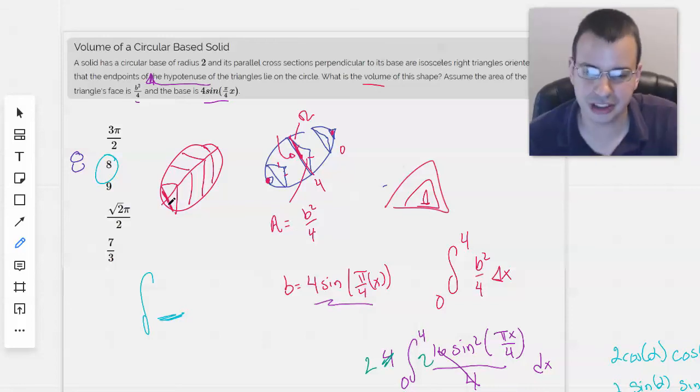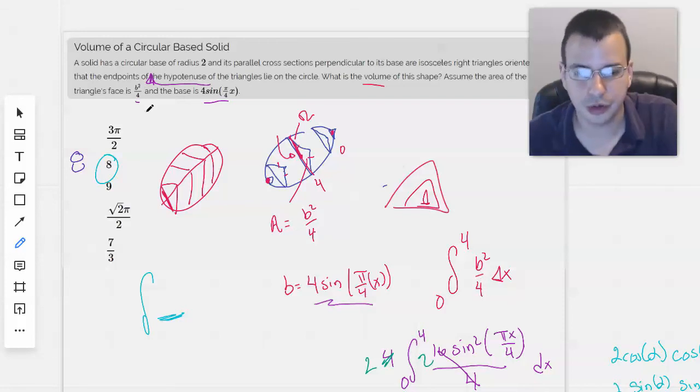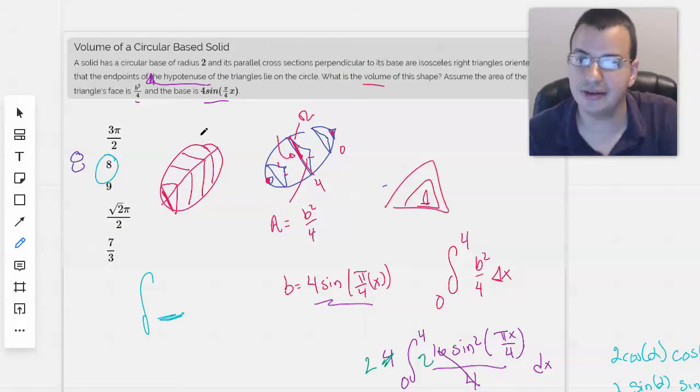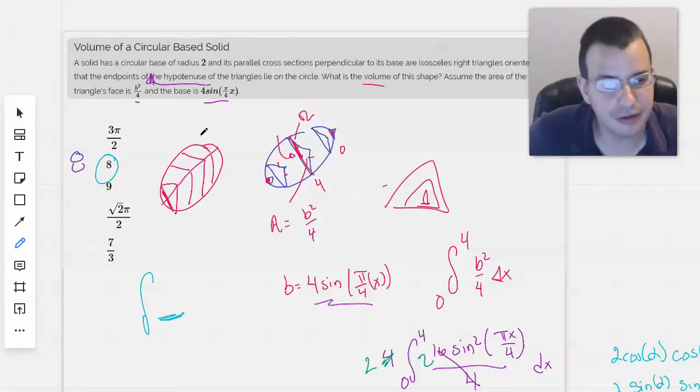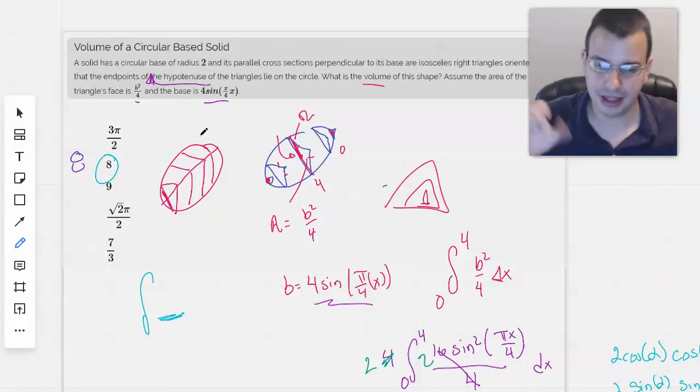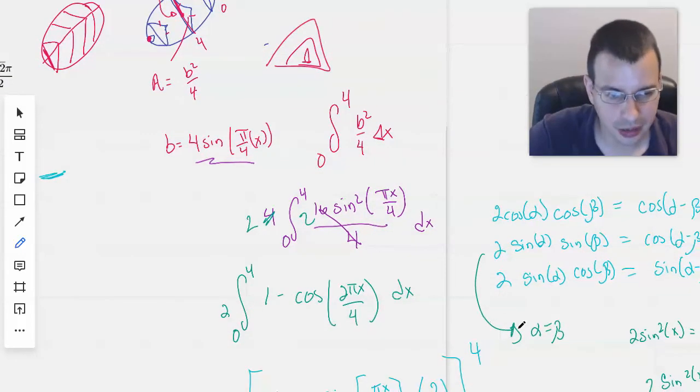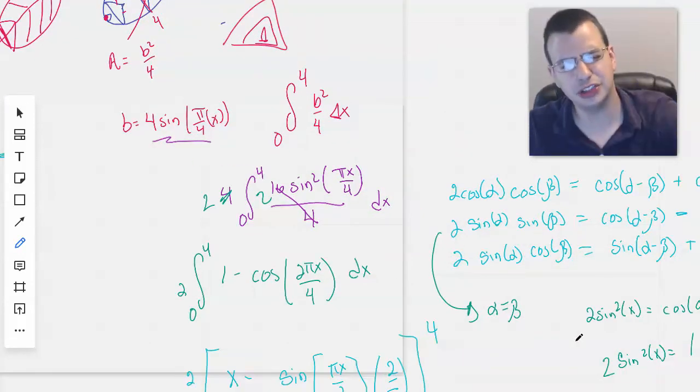And so we took this face and we integrated it from 0 to 4, and it was b squared over 4. We then asked, what is this base, which is b, and they gave us 4 sine pi over 4 times x. So we plug that in, we get a sine squared that we have to integrate. We're like, oh, sine squared, so difficult.